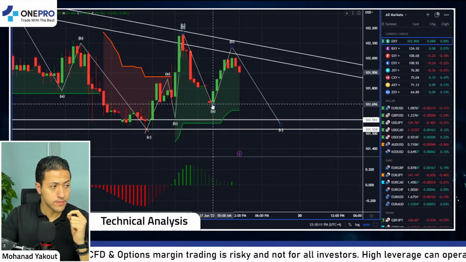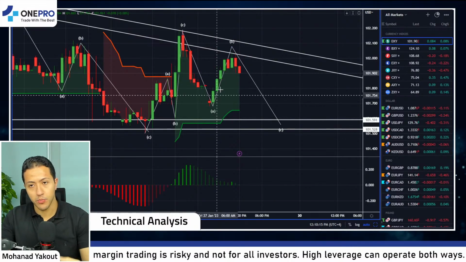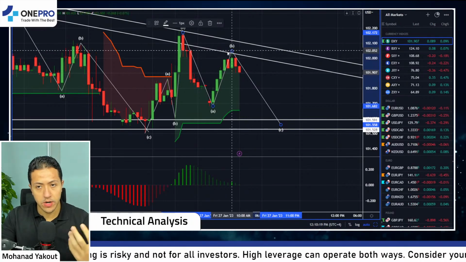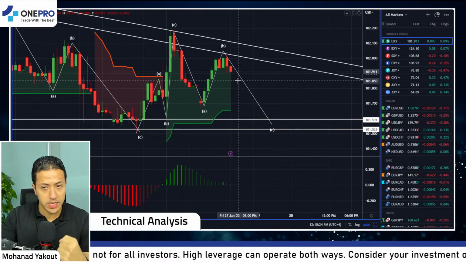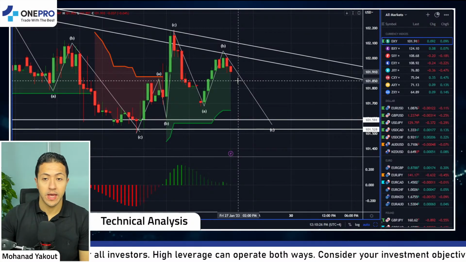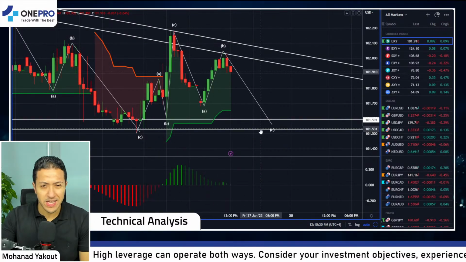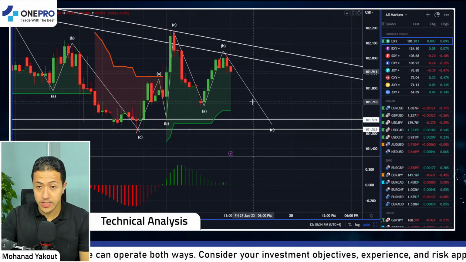We had the move A during the Asian session, then we had this move B. I do believe that move B has ended already right here with some bearish price action emerging. So we expect a continuation of this downward swing inside this final ABC. I do believe this will be the final ABC pattern during this sideways range.